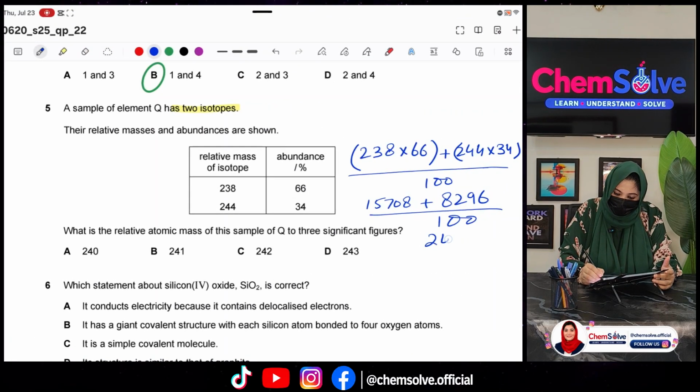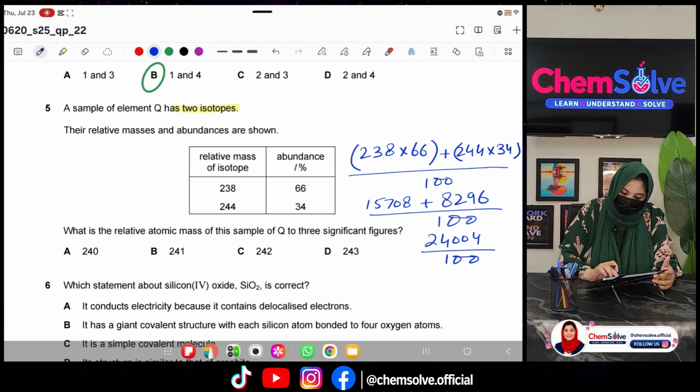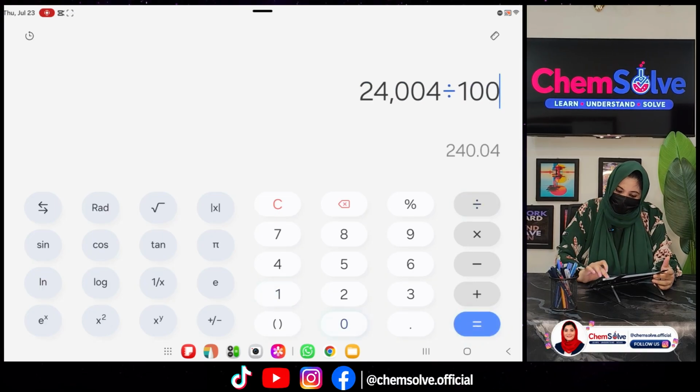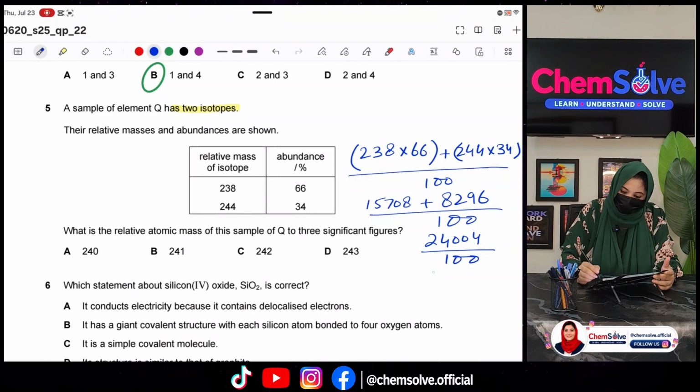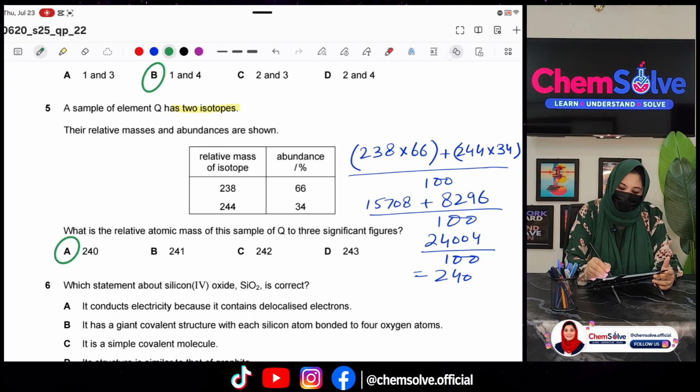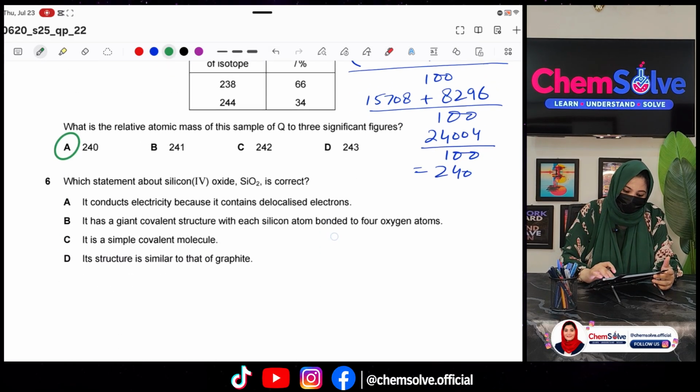So I will write here 24004 divided by 100. The answer is 240. So the answer is 240. It makes option A. For question number 5, the correct option is option A.